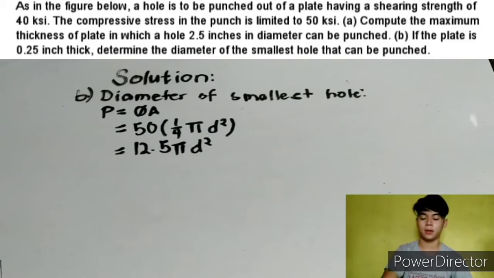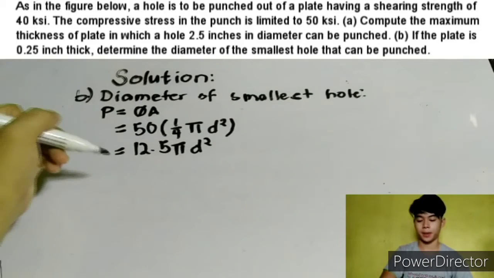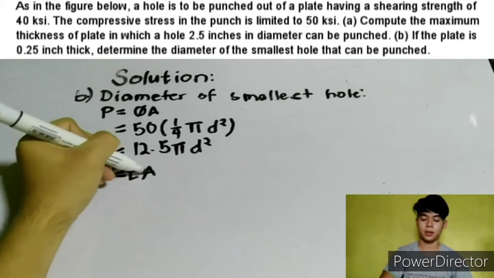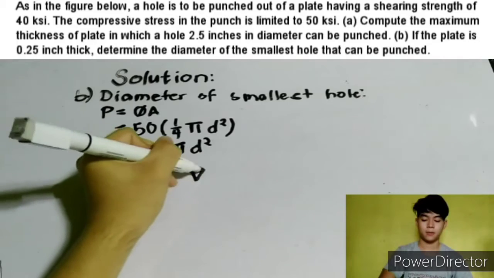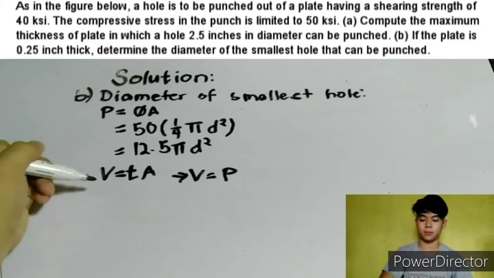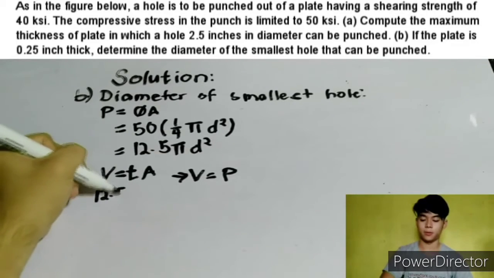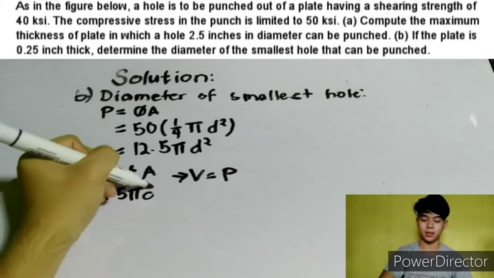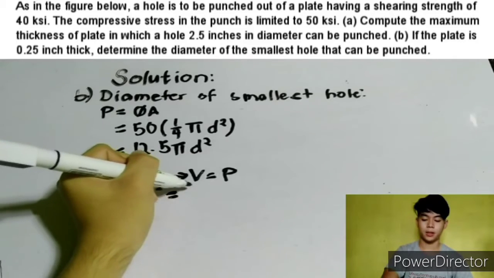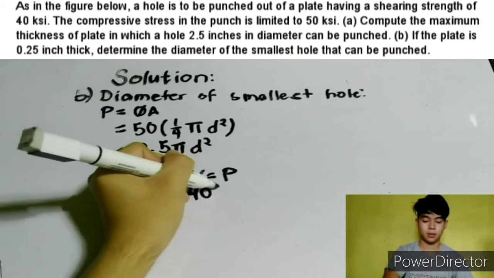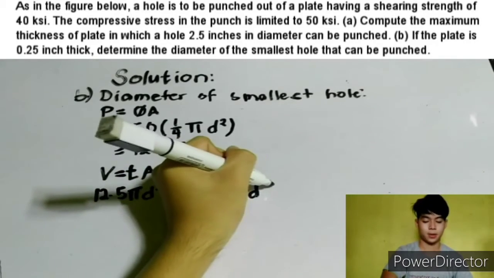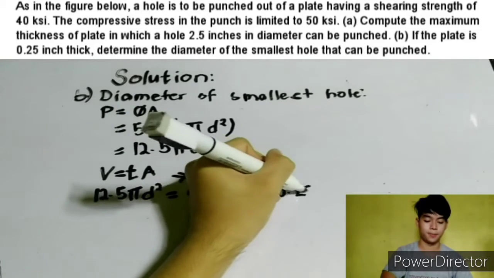So we now have the value of P. Using the formula V equals shear stress times A, where V is equal to P, substitute: 12.5 pi d squared equals 40 times pi d times 0.25.